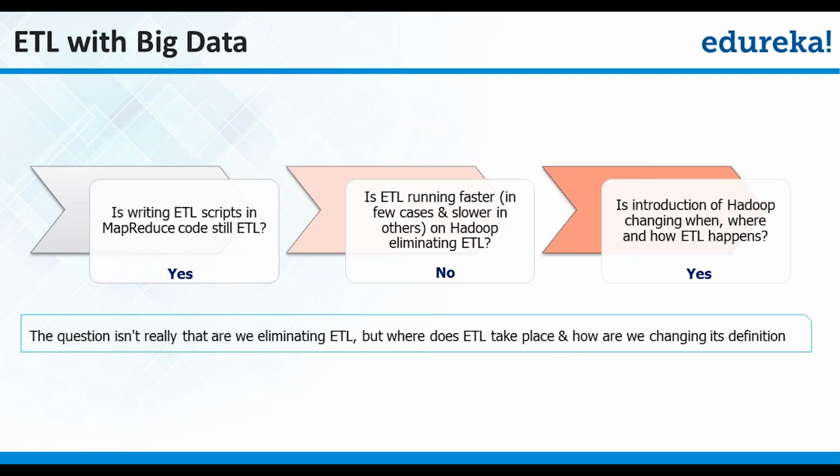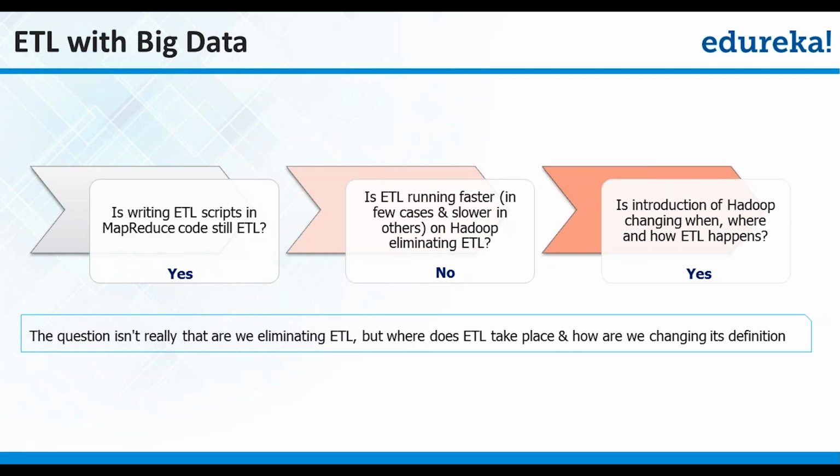Is the introduction of Hadoop changing when, where, and how ETL happens? Yes, because in the traditional ETL process we extract data first and after that we do the transformation. However, with ETL on Hadoop, it will change.